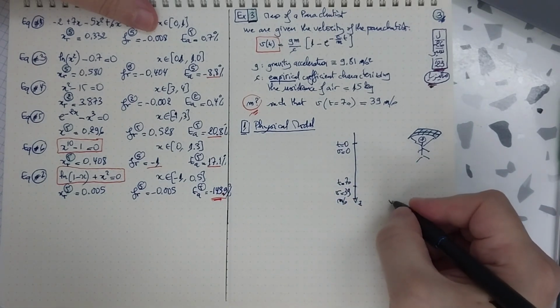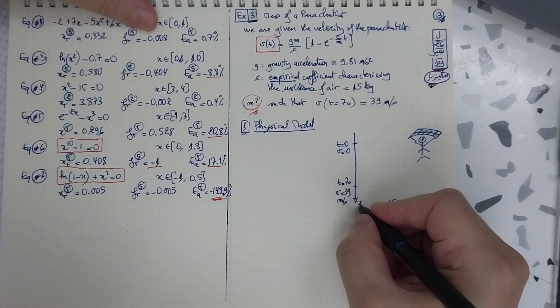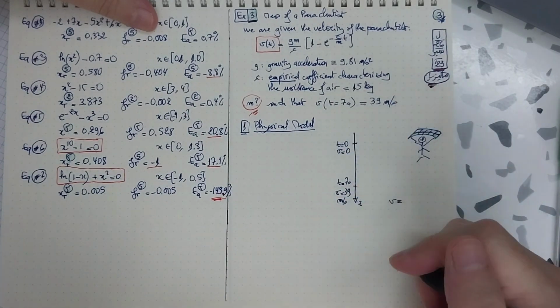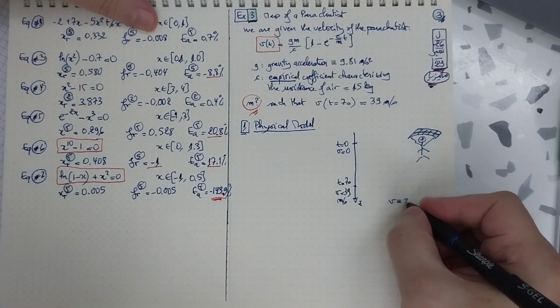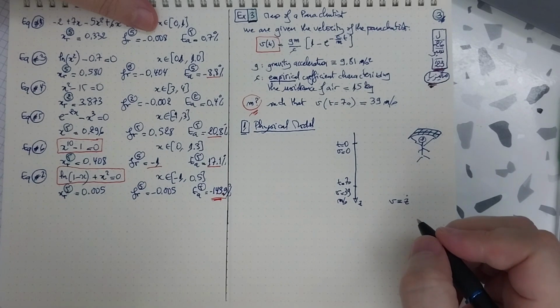The velocity, by definition, is the variation of Z, of the altitude of the parachutist. So Z point, by definition of the velocity.